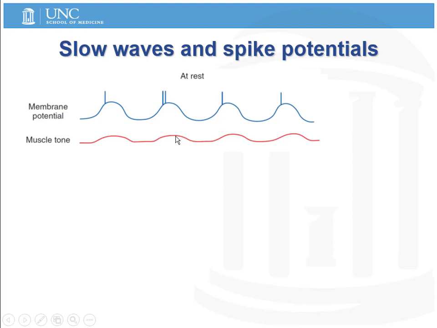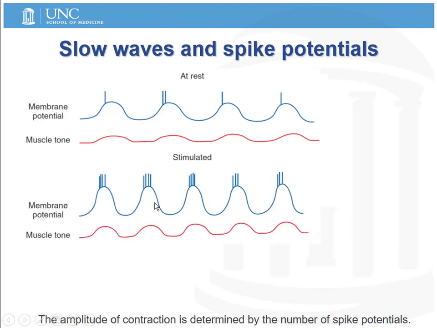This tone is altered by neurotransmitters, hormones, paracrine substances, and drugs, and it's particularly important in the sphincters and in regions where storage is an important function. Upon stimulation, the extent of depolarization and the frequency of action potentials are enhanced. So the greater the number of action potentials that occur at the peak of that slow wave, the more intense the contraction of the smooth muscle is.